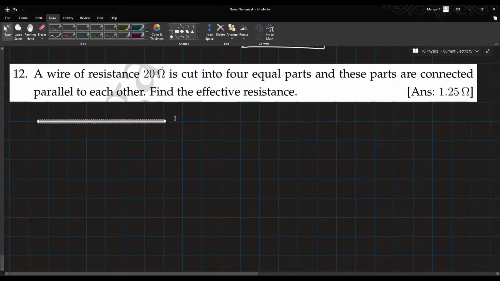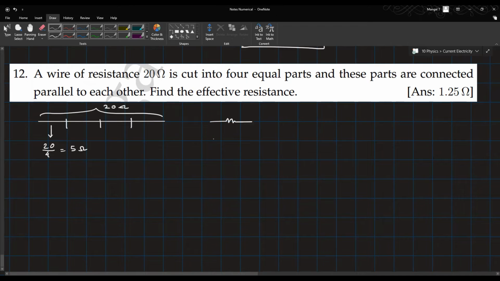There is a wire given, and the resistance of this wire is equal to 20 ohms. Now this wire is cut into 4 equal parts. So each part will have resistance 20 by 4 ohms, 5 ohms. Now these parts are connected parallel to each other.